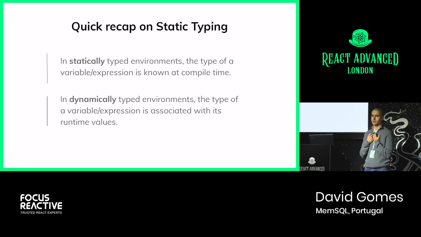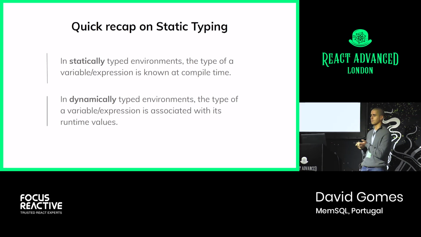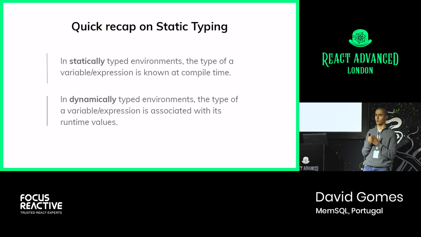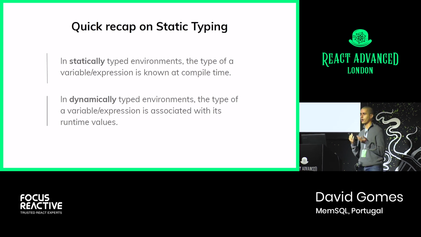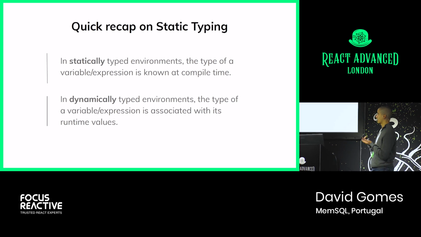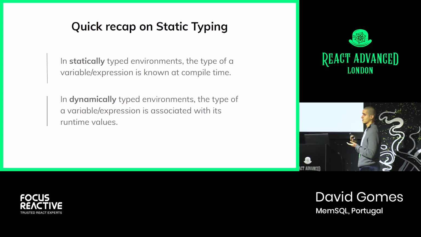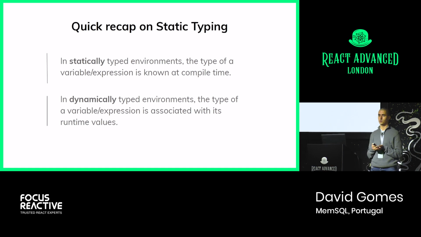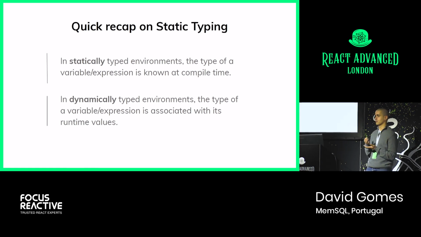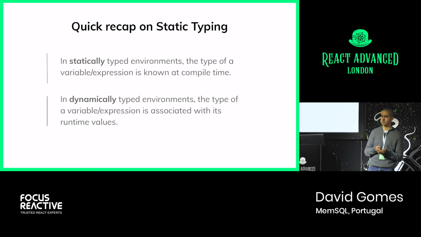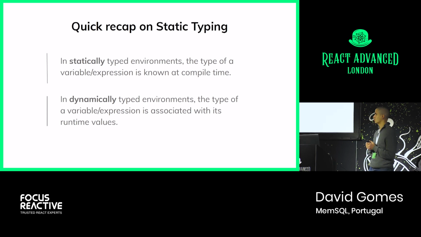The way I like to think about static typing versus dynamic typing, and there's many ways to put this, is, where does the concept of a type live? If it lives at compile time and it is checked at compile time, you're probably working with a statically typed environment. This is the case of Java, C#, and other traditional statically typed languages.